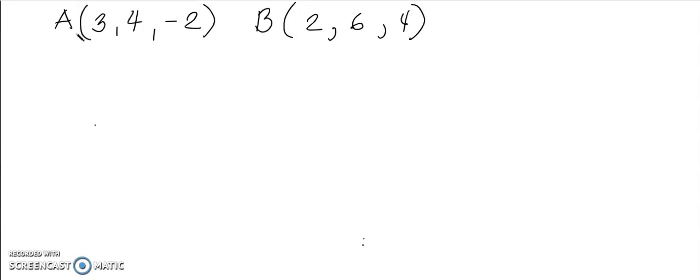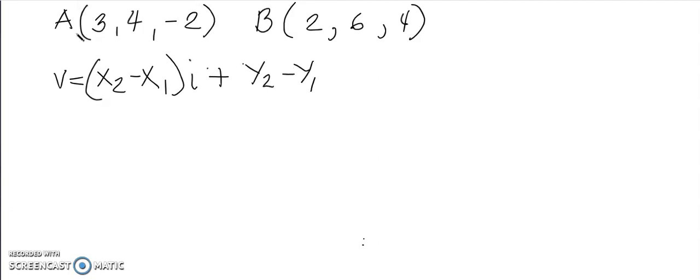So find the vector AB. So again, to find the vector, we have x2 minus x1, the component i, plus y sub 2 minus y1, component j, plus z sub 2 minus z sub 1.